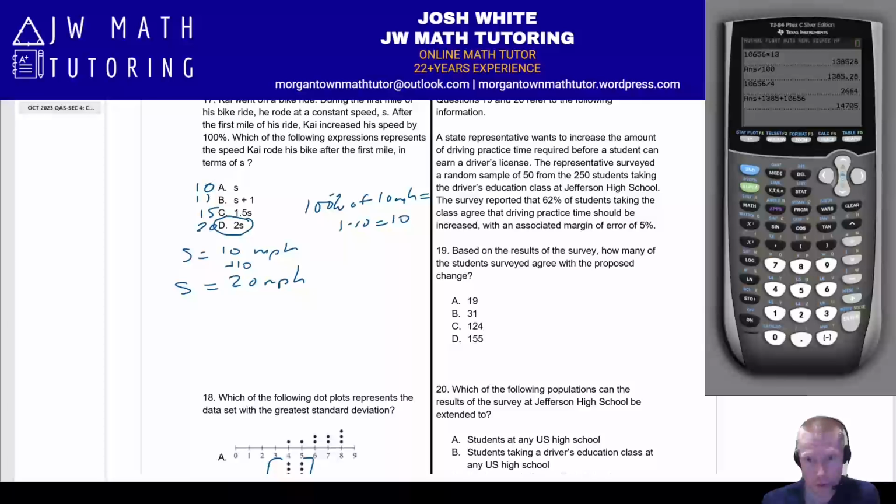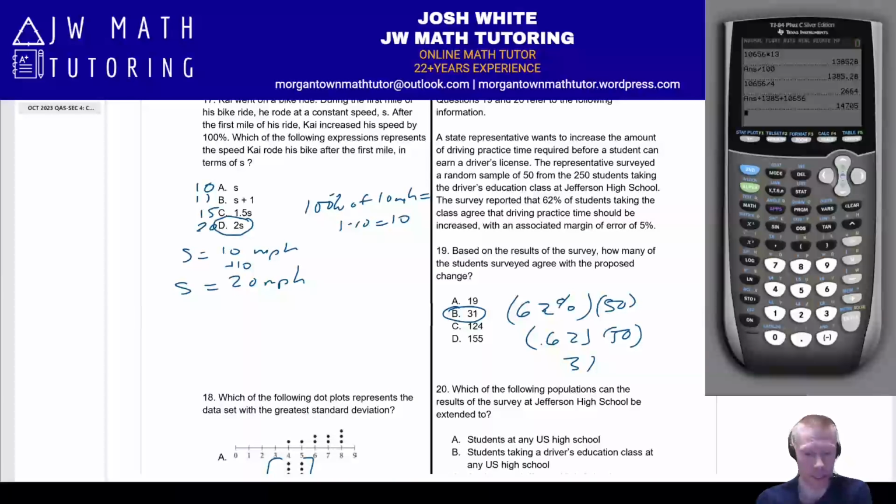Therefore, this question is just asking for what is 62% of 50? Notice they didn't ask how many students in the class do they estimate, but how many of the students surveyed agree with the change. So 62% of the 50 students surveyed, 0.62 times 50, comes out to 31. The correct answer is letter B.